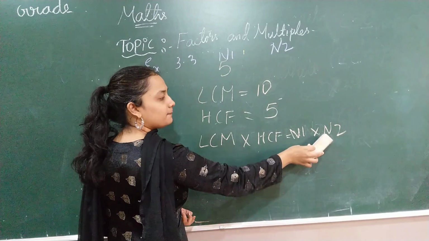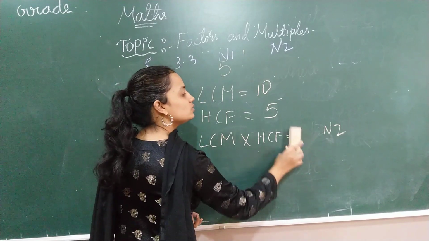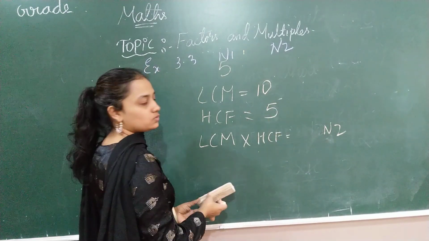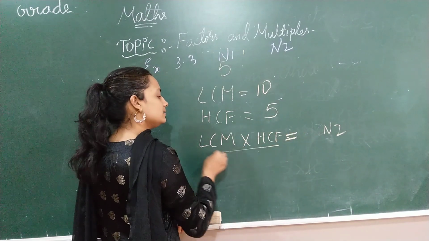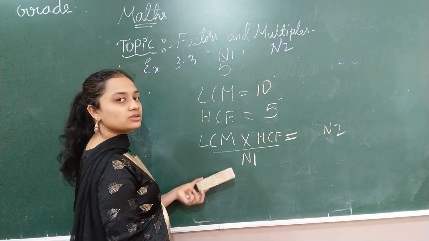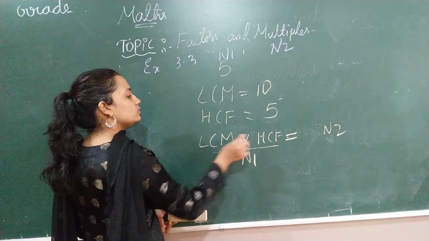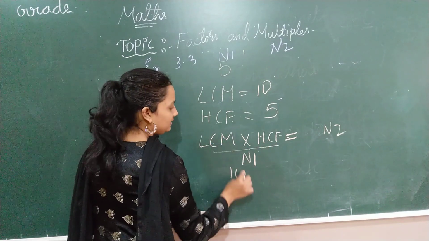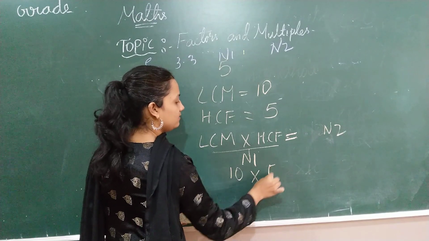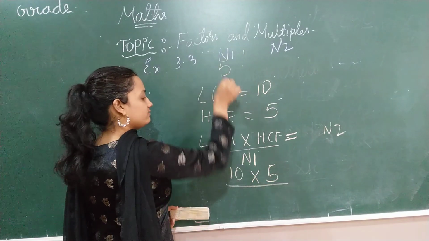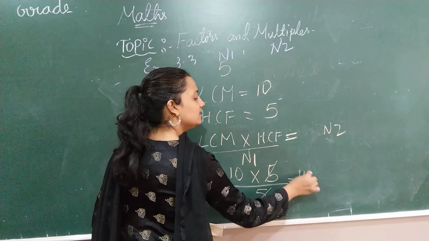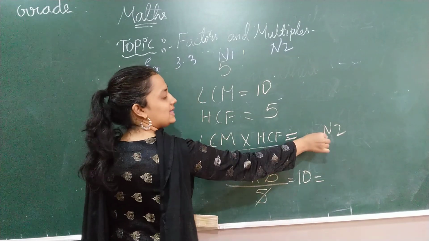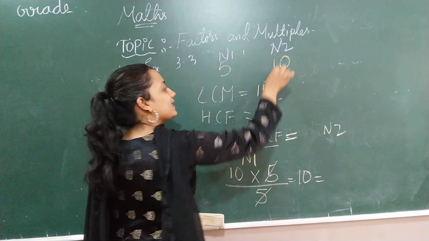So I'll keep this separate and send N1 to the other side of the equals to. It comes down here. So what do you know? Substitute 10 into 5 divided by N1, 5. So what is the remaining answer? 10. So the second number is 10.